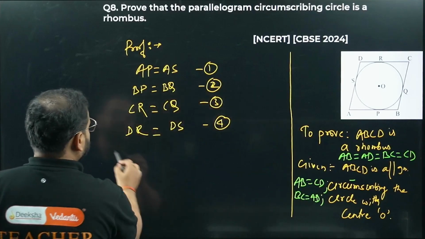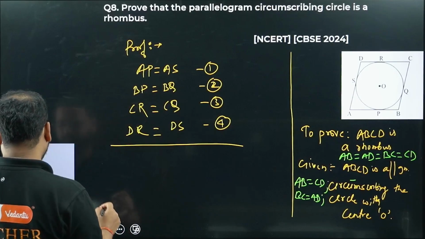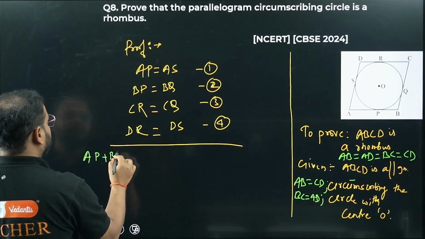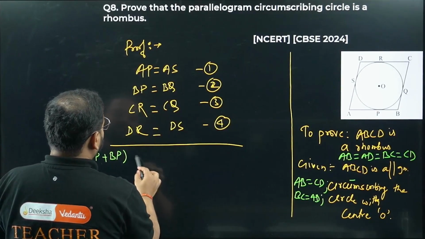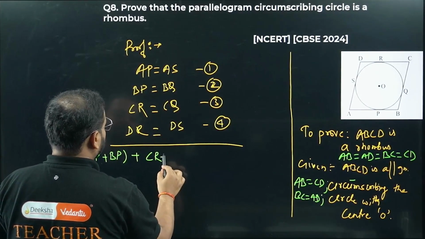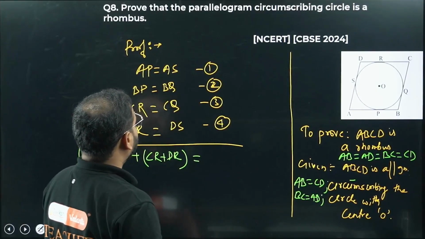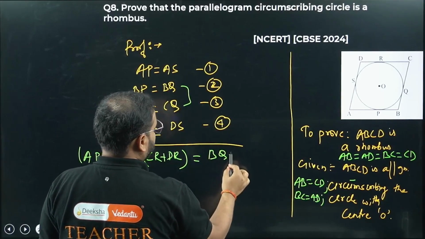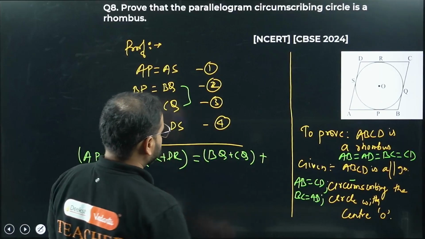Add all the 4 equations. AP plus BP, CR plus DR. On this side, club these two together, BQ plus CQ, and the remaining two together, AS and DS.